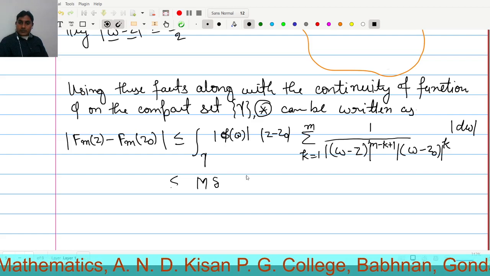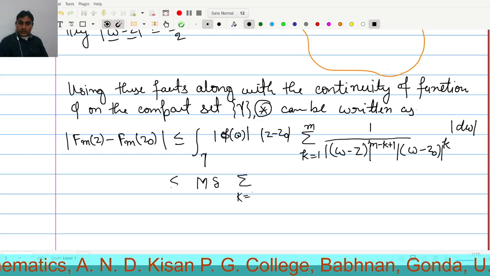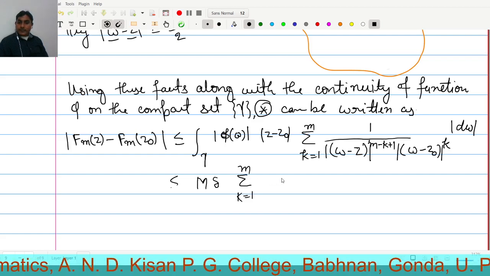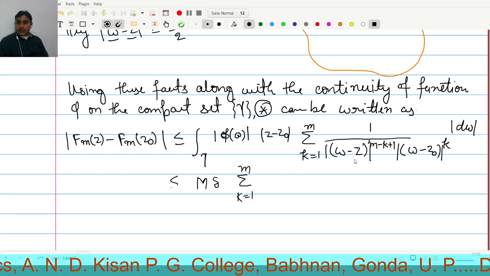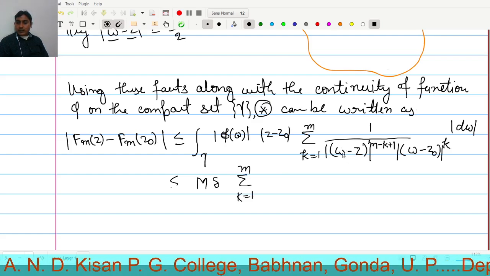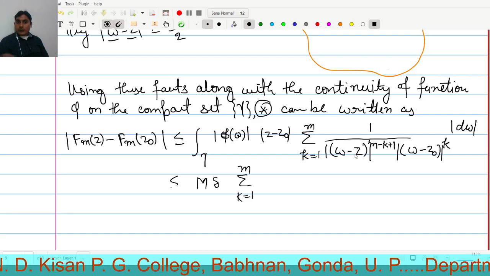What about this? We get summation k varies from 1 to m, k varies from 1 to n, and this particular 1 upon |w − z| is less than 2 upon r.